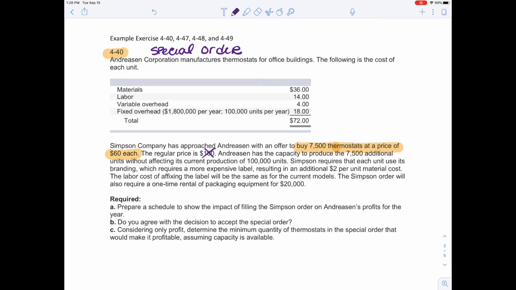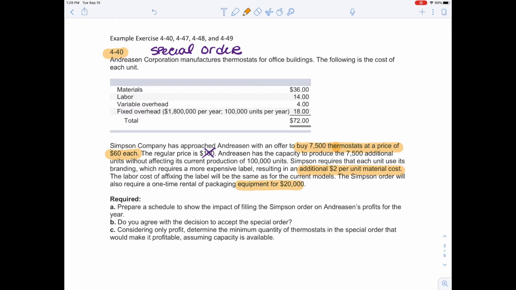They have the capacity. We want to make sure of that. And we currently produce 100,000 units. They require that each unit uses this special branding. So it's an additional $2 per unit cost. That's a material cost that'll come into play, as well as this one-time rental.